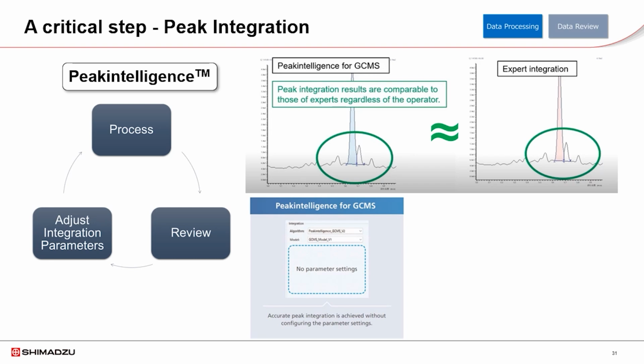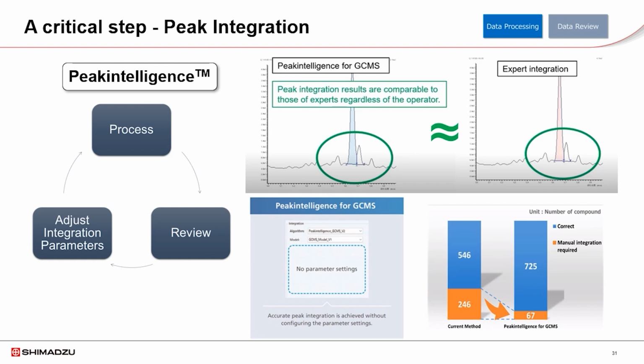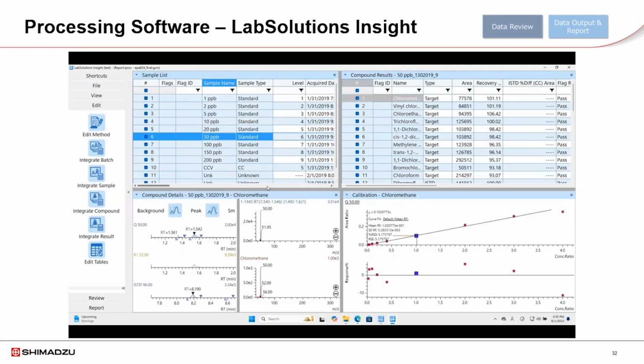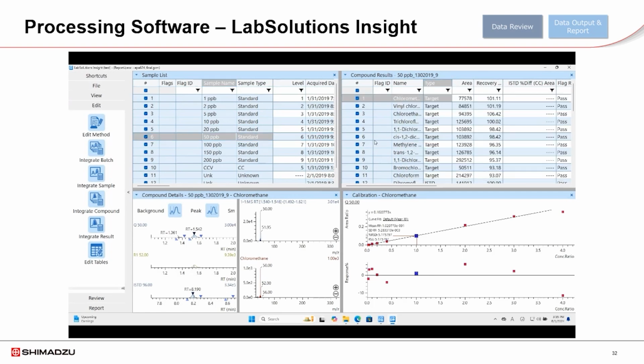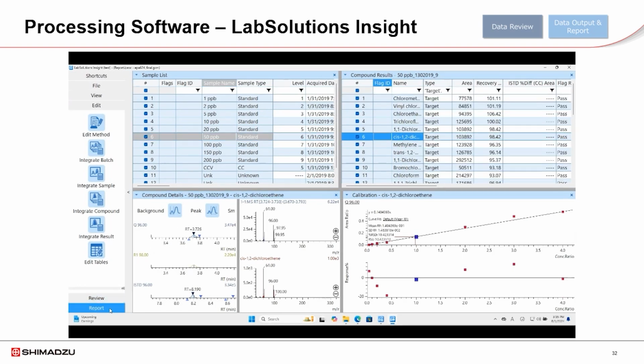So once you have processed all the data set, you need to report the result. Of course, LabSolutions Insight already prepared report templates for some basic environmental reports. For example, when we want to create an initial calibration curve report, you choose the calibration curve report template and open it.